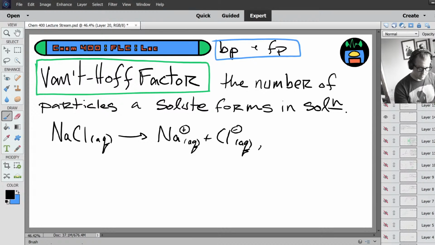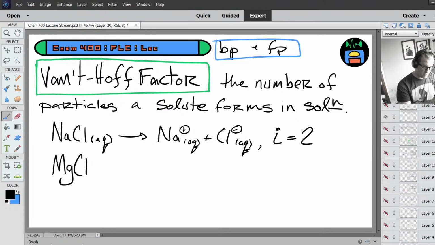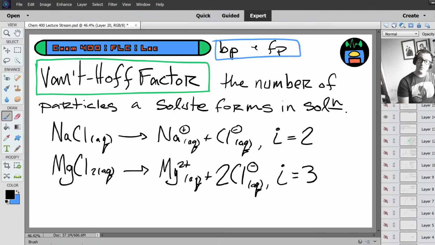So this would have a van 't Hoff factor of 2, because one molecule of sodium chloride generates 2 particles in solution. Magnesium chloride splits into a magnesium cation and chloride anions. This has a van 't Hoff factor of 3.